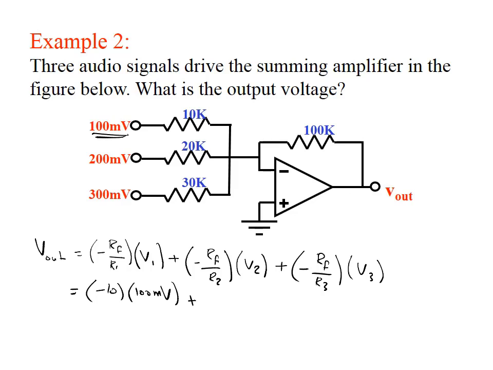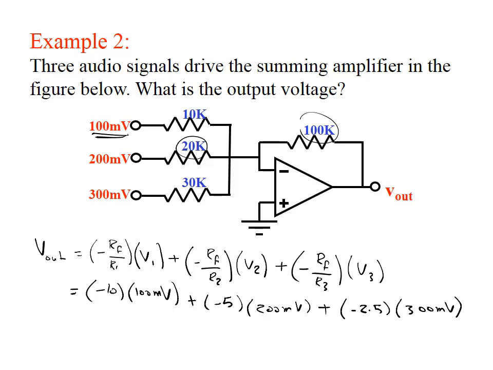Okay, plus minus 5, which is 100k over R2, 20k, and V2 is 200 millivolt, plus the gain for the third input, which is minus 2.5 multiplied by the 300 millivolt V3.